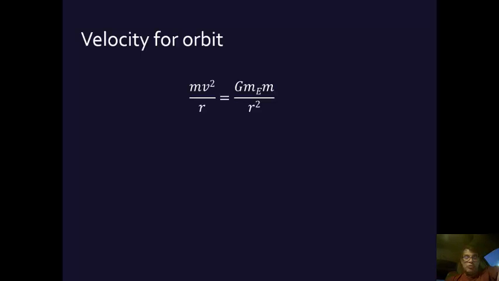On the right, we have Newton's law of universal gravitation, and on the left, we have something we discovered when we were talking about perfect circular motion. So now we do a little algebra. The mass on both sides, my mass, is going to cancel out. One of the r's is going to cancel out, and we're basically left with this: the velocity squared equals the gravitational constant times the mass of the Earth divided by the radius of the thing from the center of the Earth.